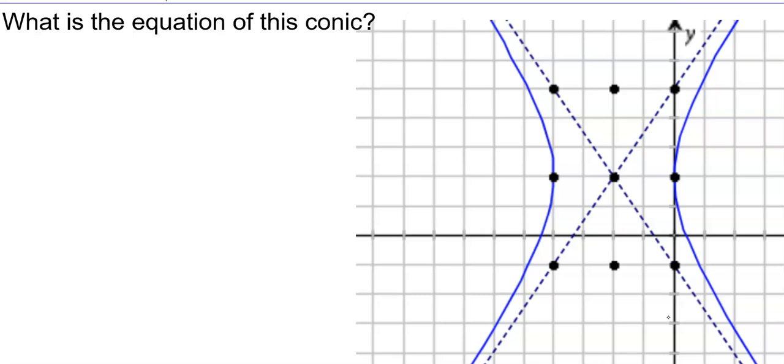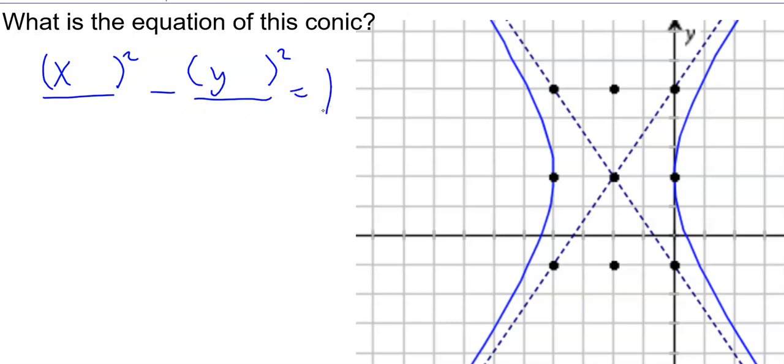Code in this conic. Oh, it's so nice to give you the dot box there. So first you have to think, is it horizontal or vertical? It's definitely horizontal, so my x term is first. Definitely a minus. Just kind of putting the shell here for you. So that center, this point, the h, k would be -2, comma 2.